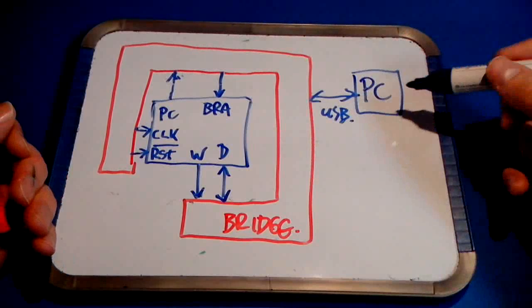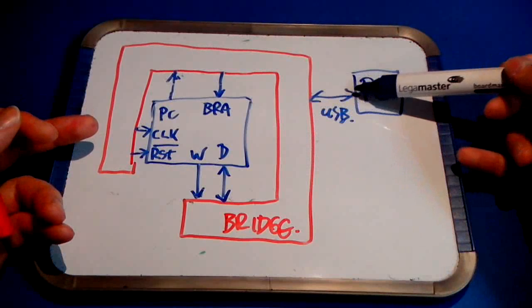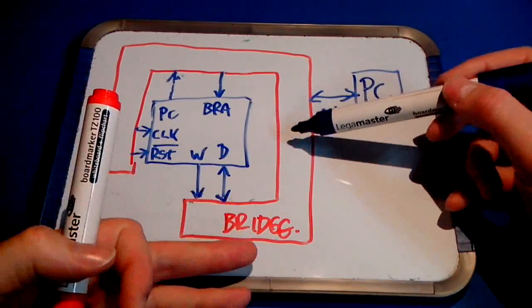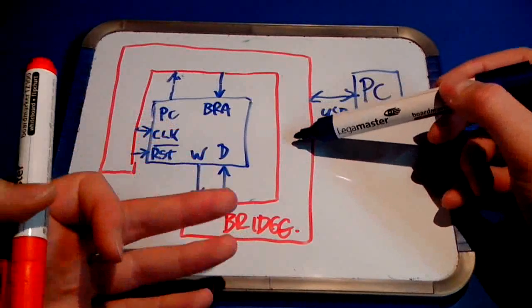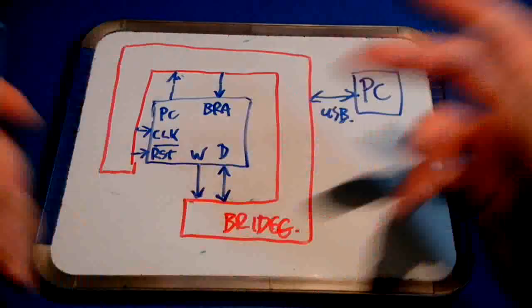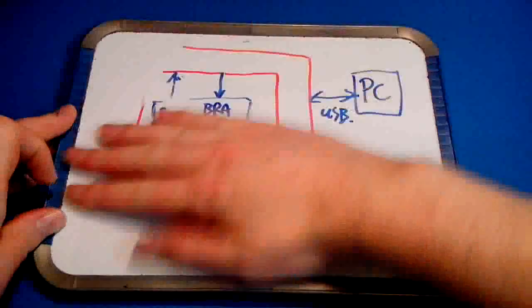What we'll talk about in this video a little bit is what the protocol between the PC and the bridge is, and how the bridge translates between the PC and the CPU. So that's what this video is about.